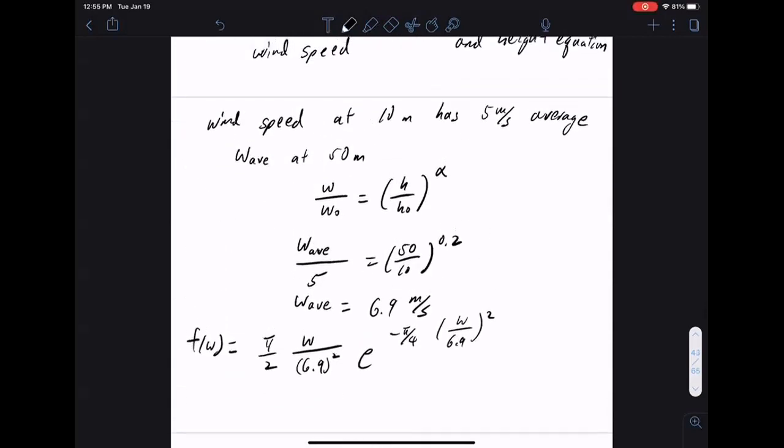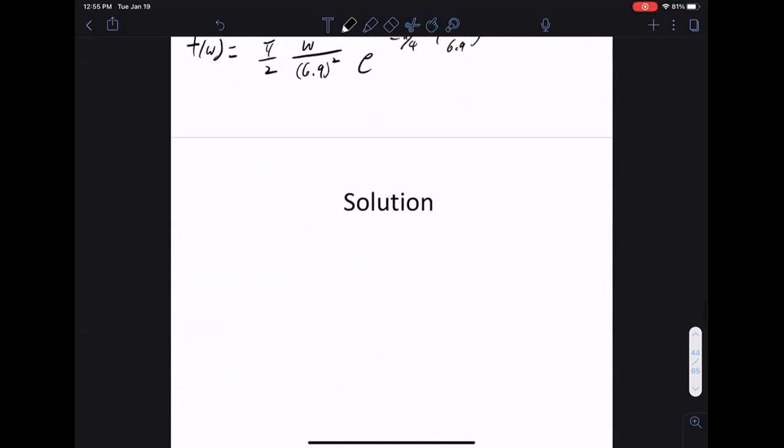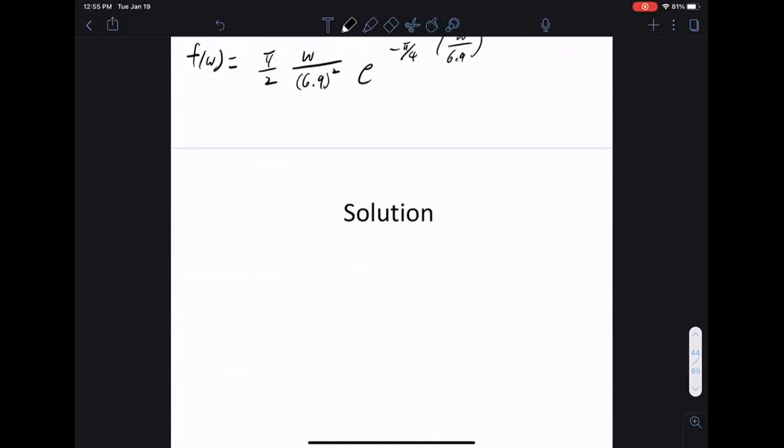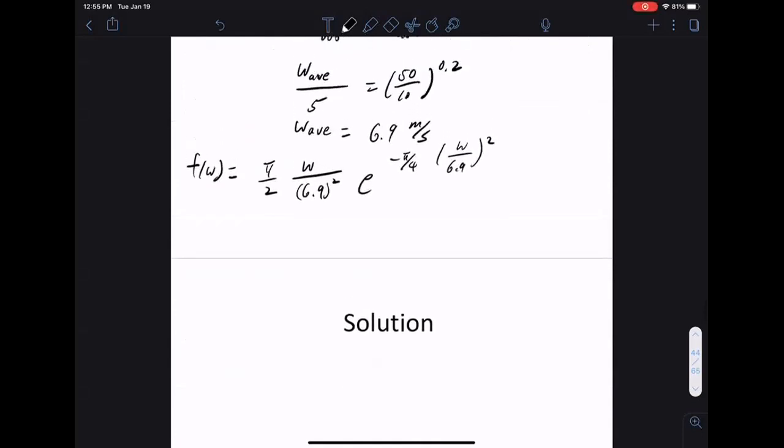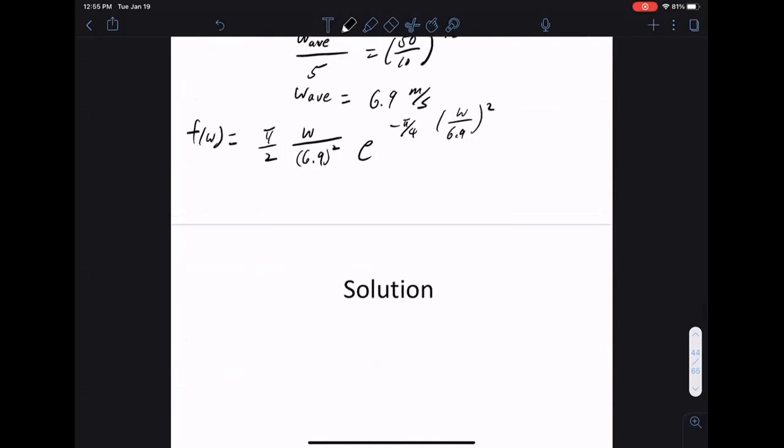Okay, so let's keep going with this. So now we need to compute the power, the average power.